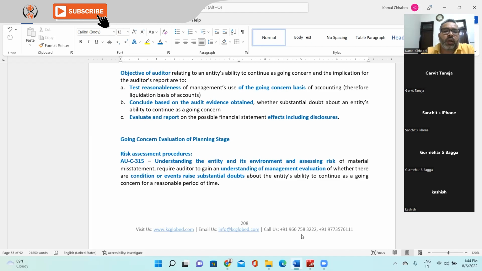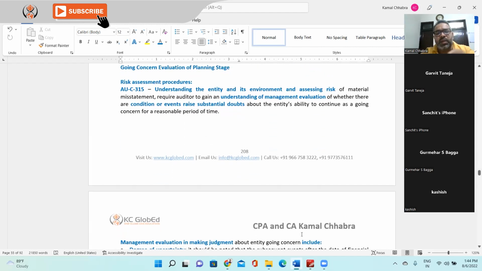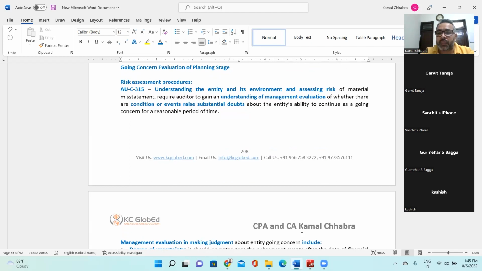So how do you evaluate the going concern at the planning stage? This we discussed in detail in chapter 3 during the risk assessment process. So it is kind of a reiteration of the same, which is AUC 315, understanding the entity and its environment and assessing the risk of material misstatement.